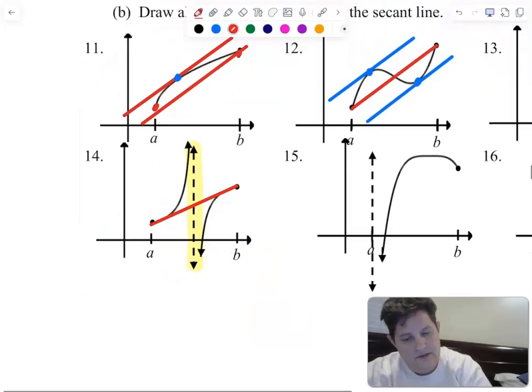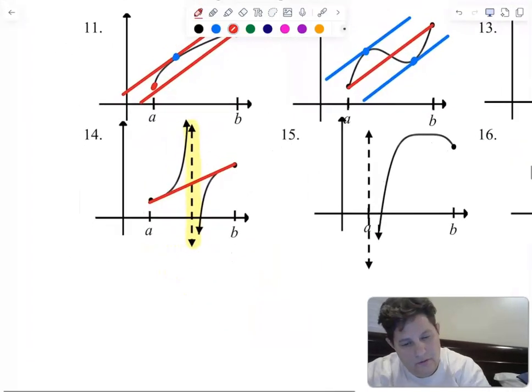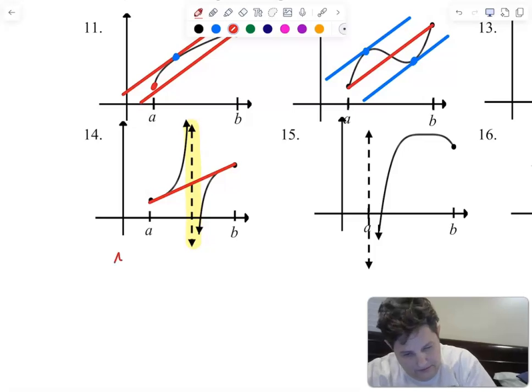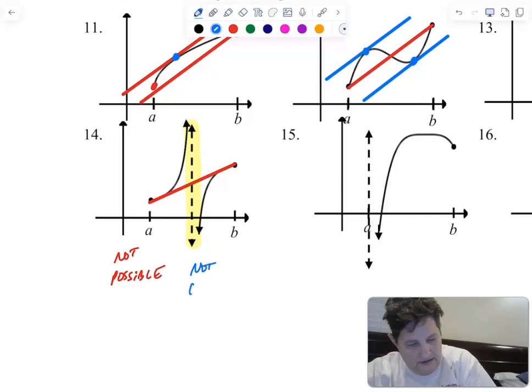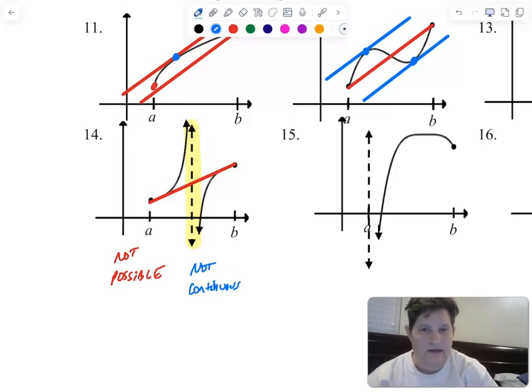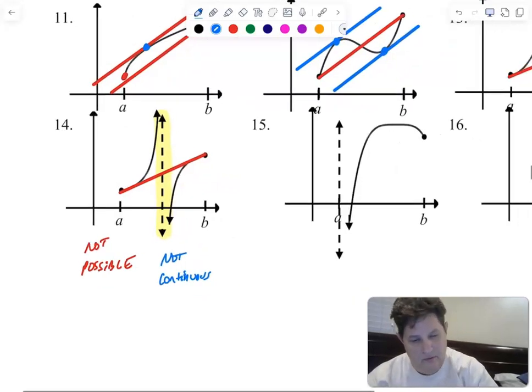So this one is also not possible, because it is not continuous. There's an asymptote there, so we can't find anything that would work.